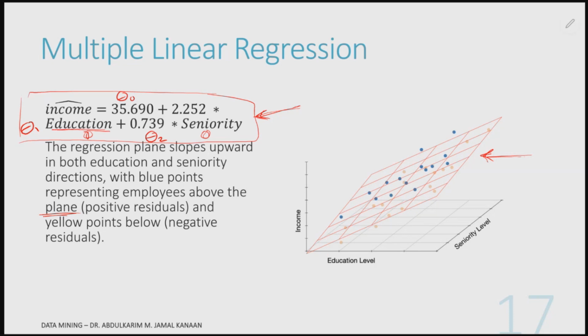After all, you carry numbers and then you need to interpret them. So for each additional year, the person will earn 2.25 on average per hour, for example. And for each additional year in seniority, the person will earn 0.739 per hour. It's very good to use this term, for each additional.